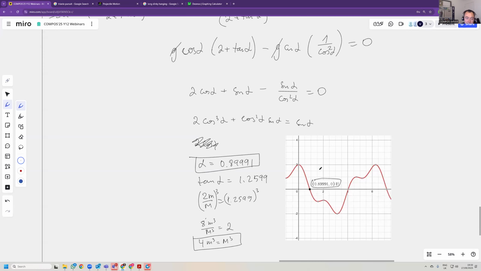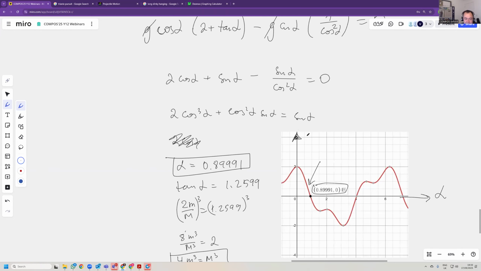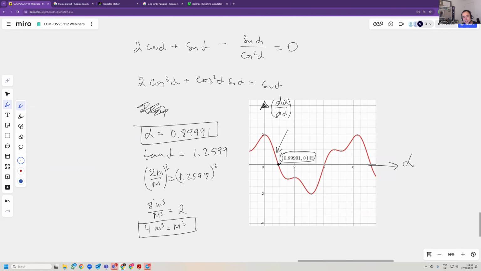This is alpha, and the vertical axis is, well, we don't know what it is. Oh, it's the derivative, dA/dα. So the derivative is 0 at maximum.